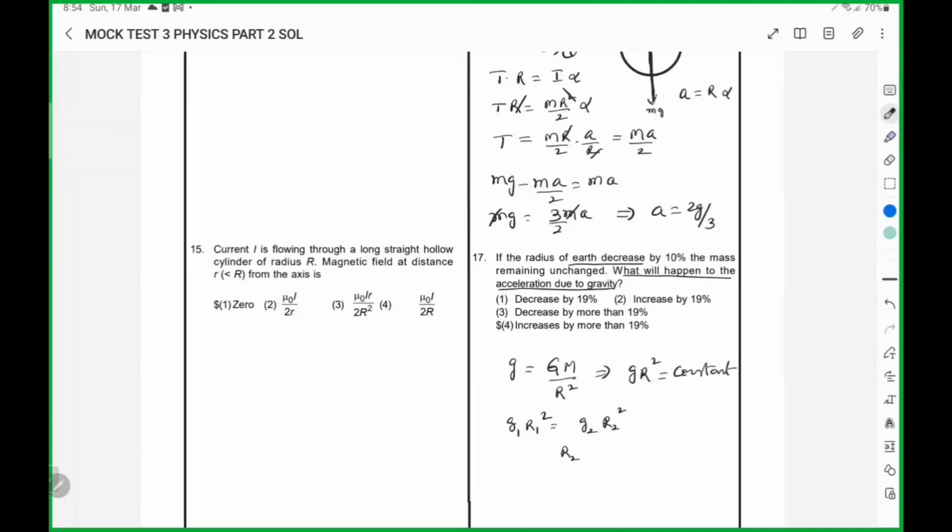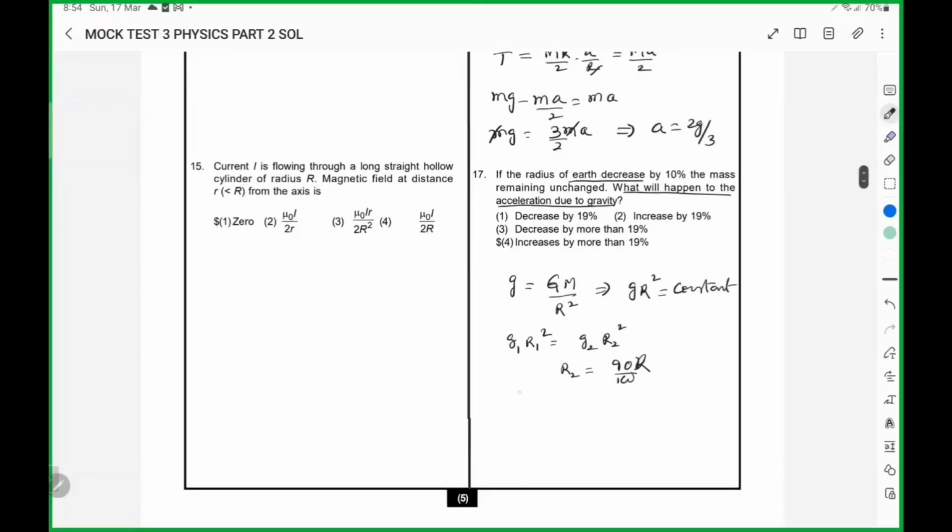The radius is decreased by 10%, which means the new radius is 90%, so it is 9r by 10. So g1 r square equals g2 into 81 r square by 100, which cancels. g2 is 100 by 81 g1.